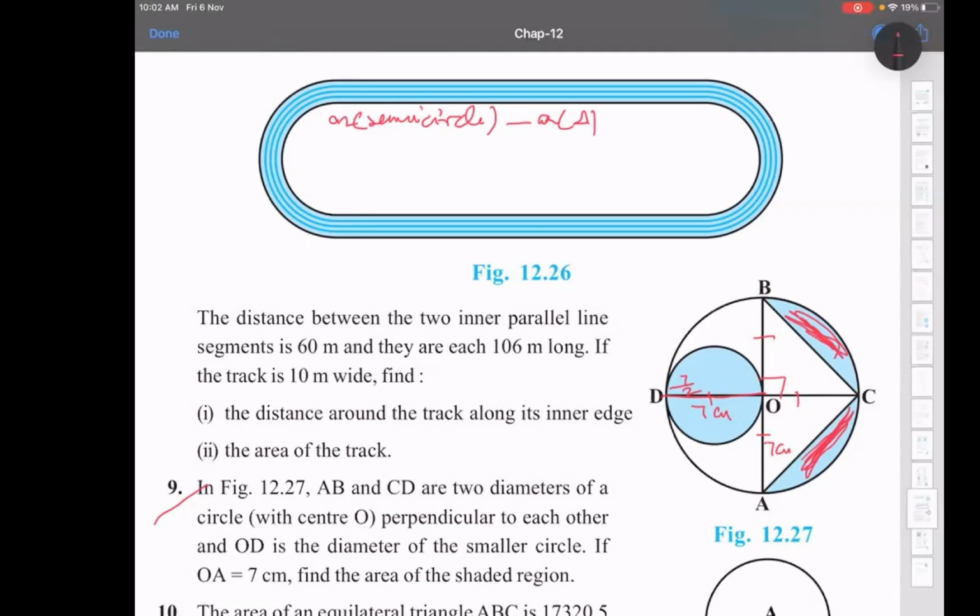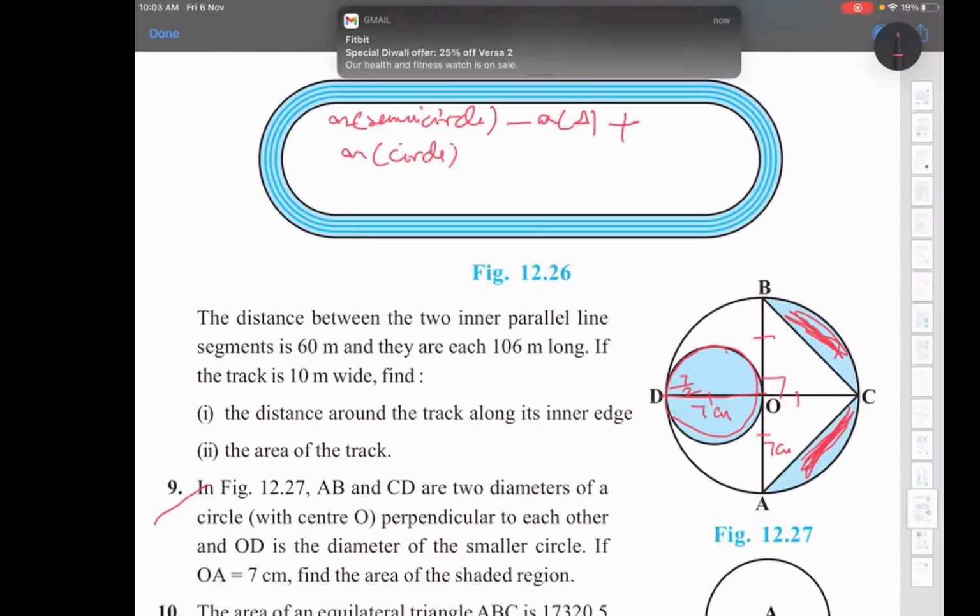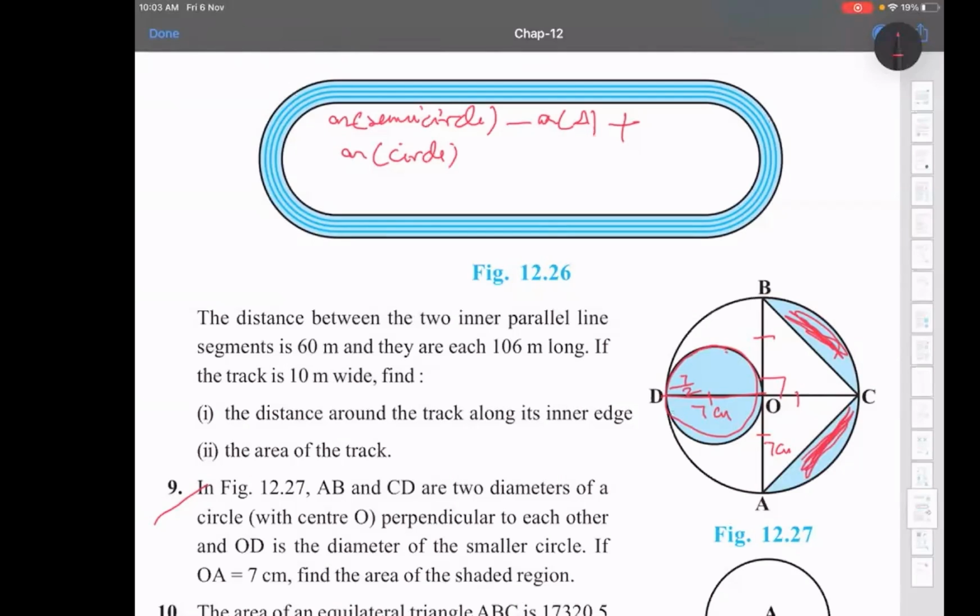After that, we need to find the area of the circle. When we add it, we get the area of the shaded region. First, we find the area of the semicircle minus the area of the right angle triangle.